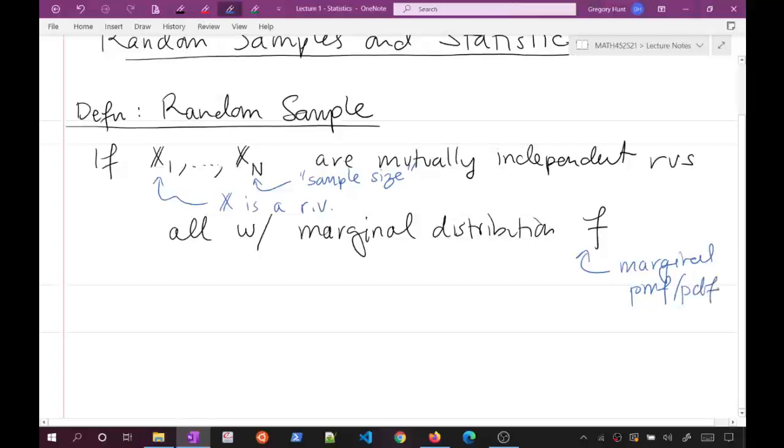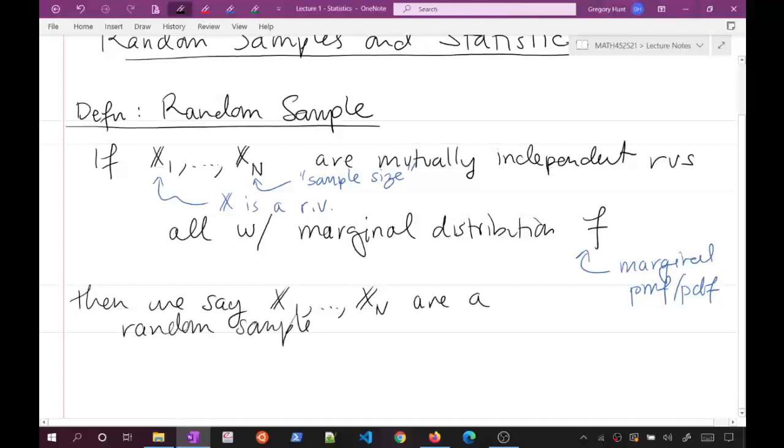So X1 to XN are mutually independent random variables, and they all have the same marginal distribution, generically denoted F. If this is the case, then we say that X1 to XN are a random sample from F, whatever F is.